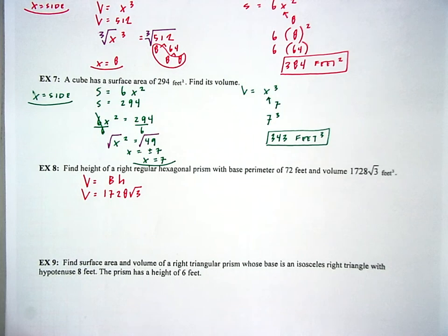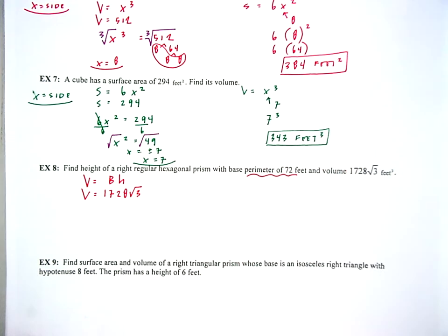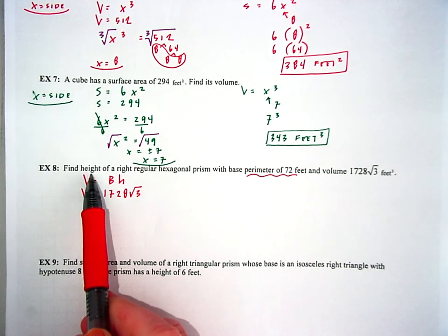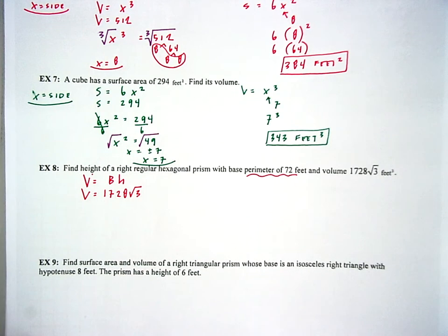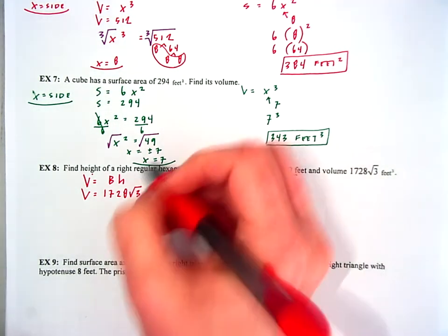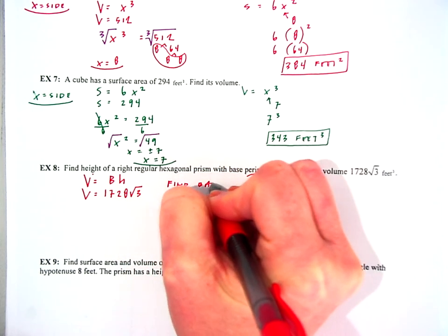Okay, so we know what volume is. We know what our base perimeter is. And we're trying to find the height. So we know how to find our base area if we know the perimeter. So I'm going to write a little note. Find the base area first.